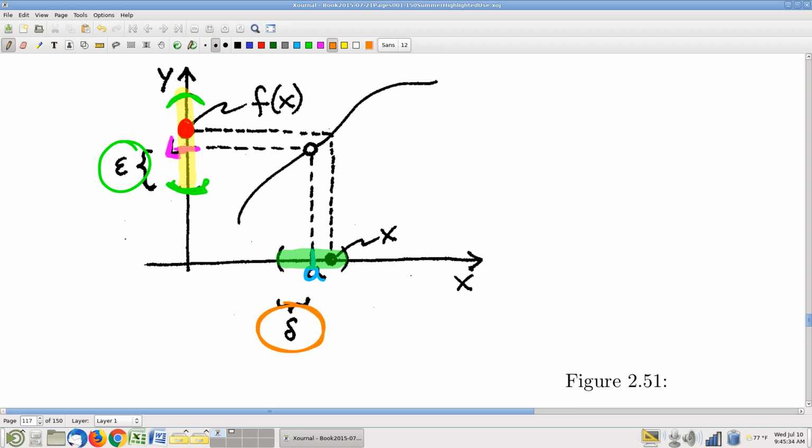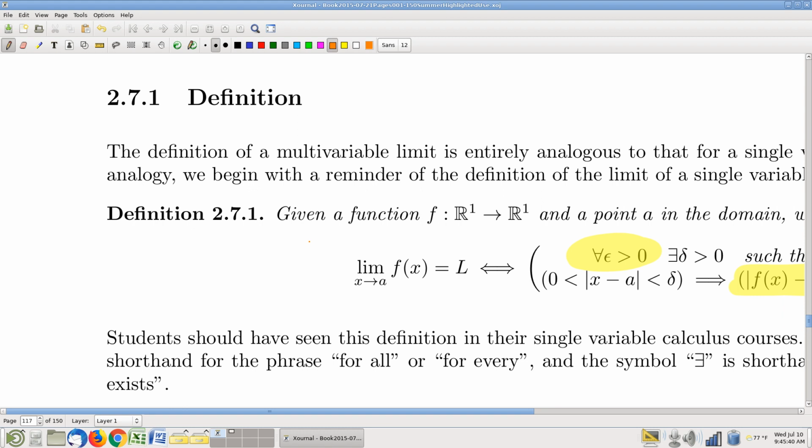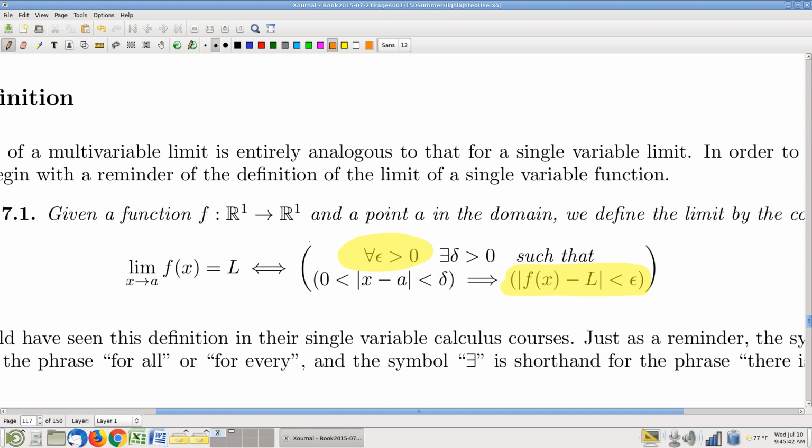And I can say what it means for a value x to be within delta of A by requiring simply that the absolute value of x minus A be less than delta.